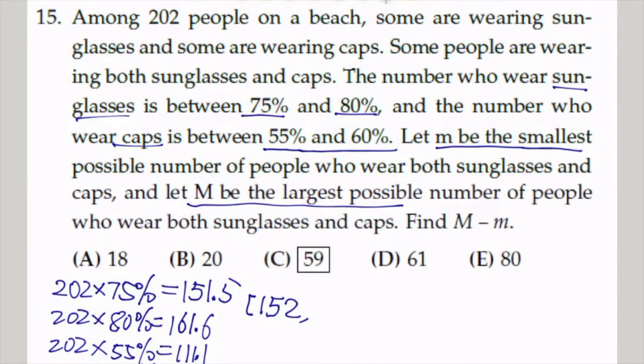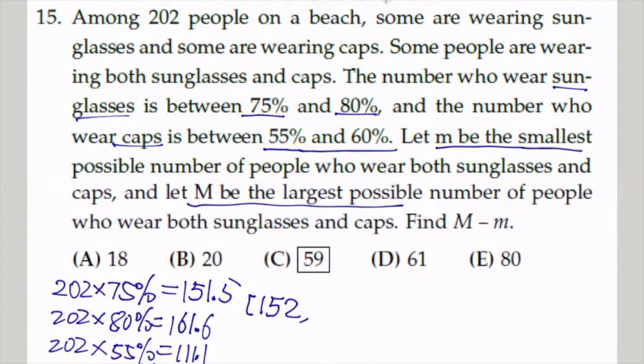And for 161.6, if we round it to 161, it's going to be less than 80%, that's fine. But if we make it 162, it's going to be more than 80%, which is not okay, because we know that the sunglasses is between 75% and 80%.